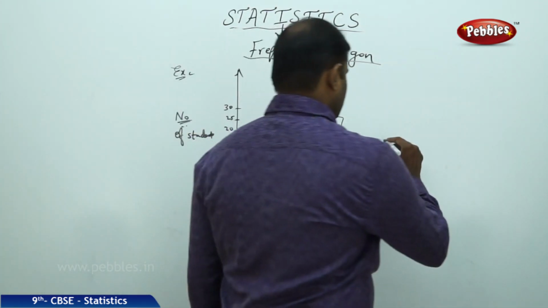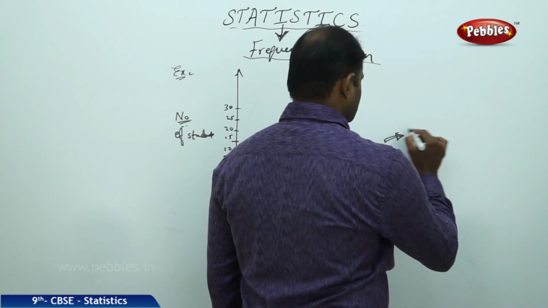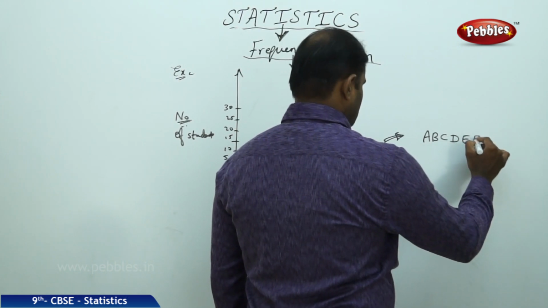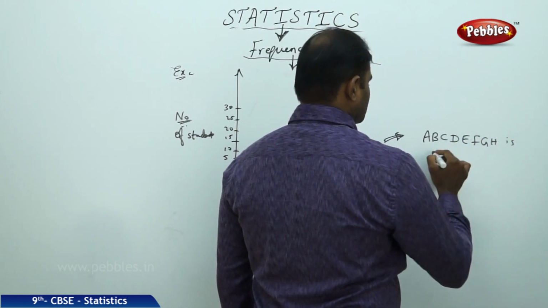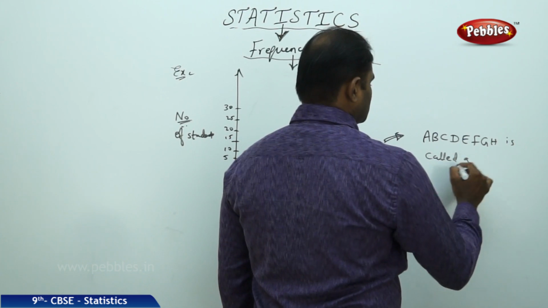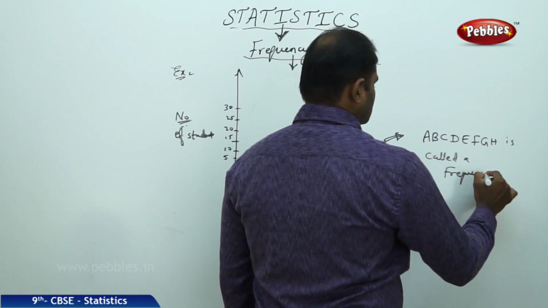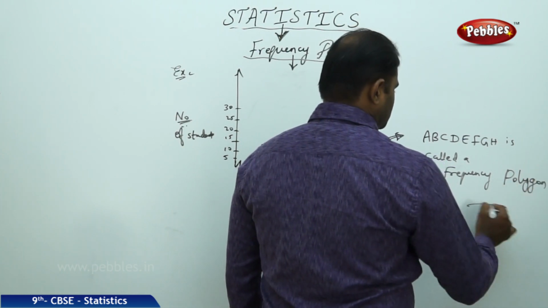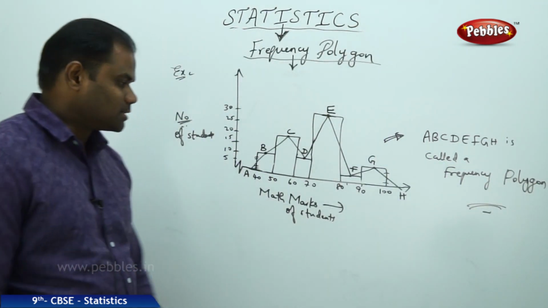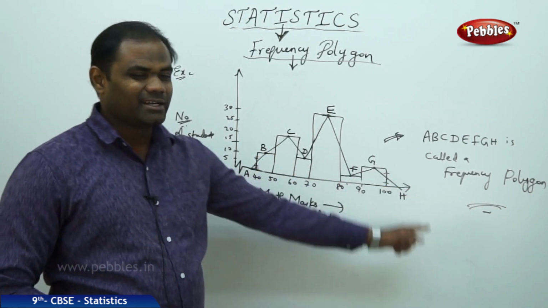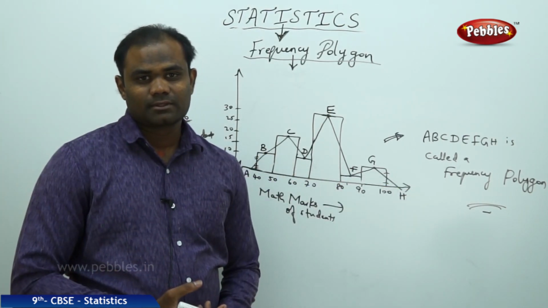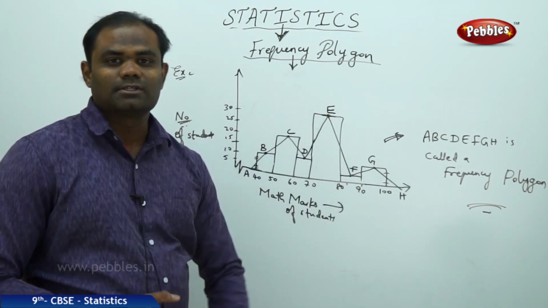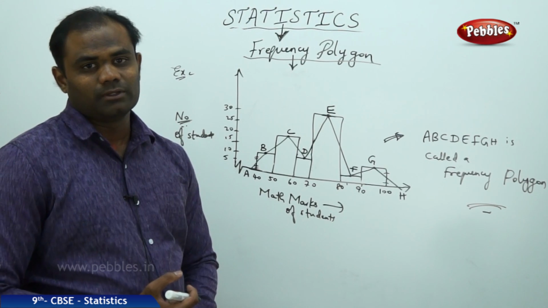So here we define in this example problem A, B, C, D, E, F, G, H is called a frequency polygon, a closed figure with n sides. A histogram with all its midpoints joined gives us a frequency polygon.